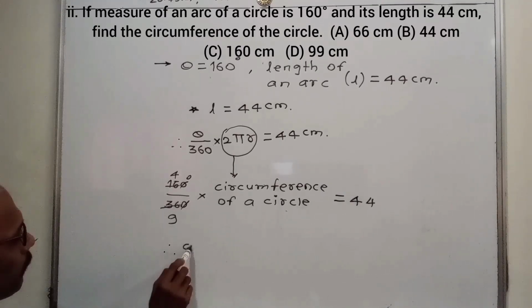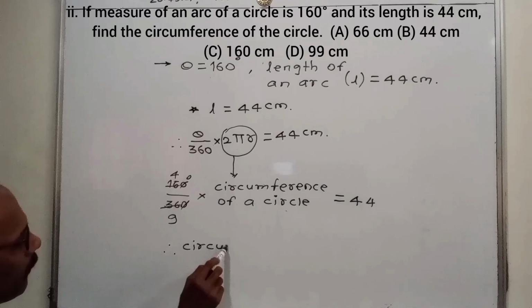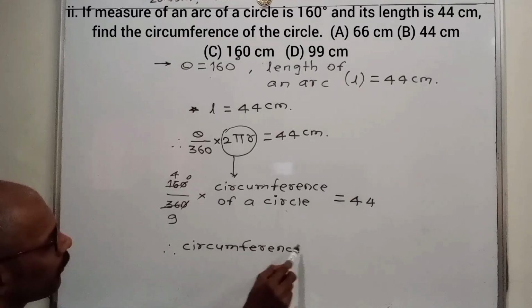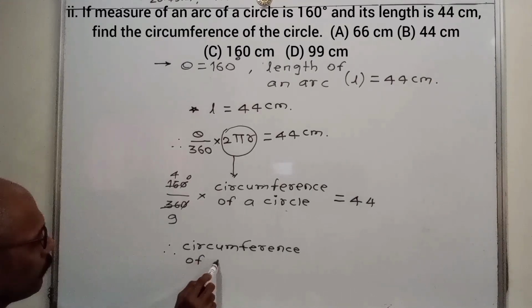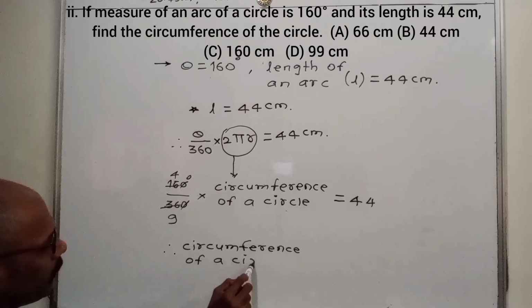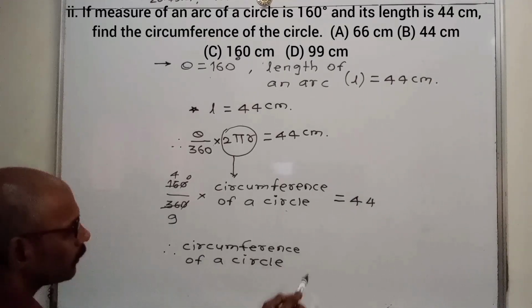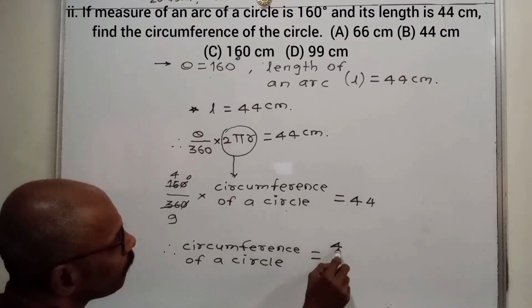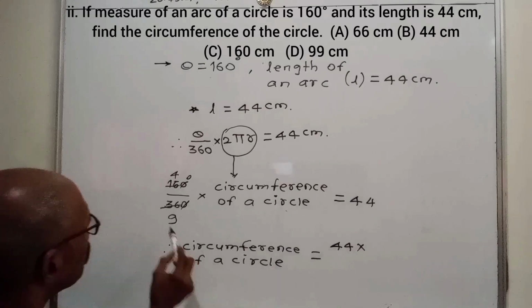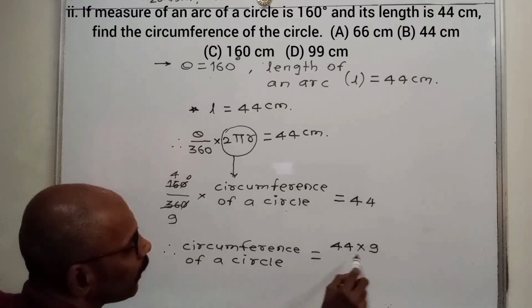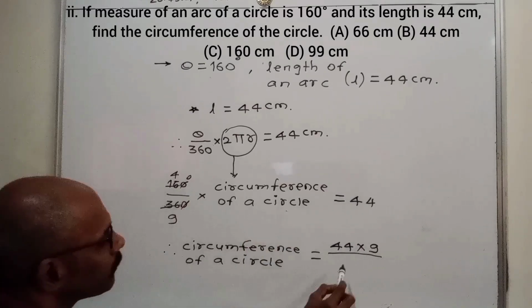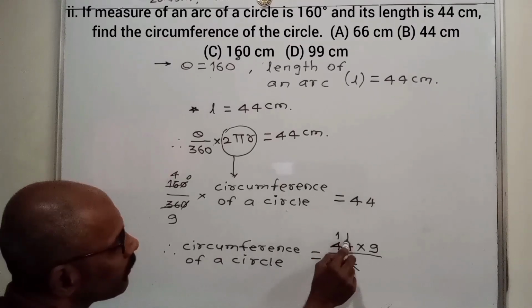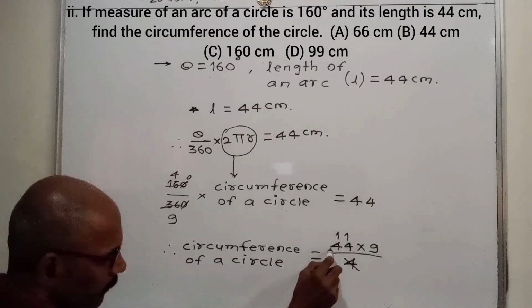Therefore circumference of a circle is equal to 44 into 9 upon 4. Therefore 4 ones are 4, 4 ones are 4.